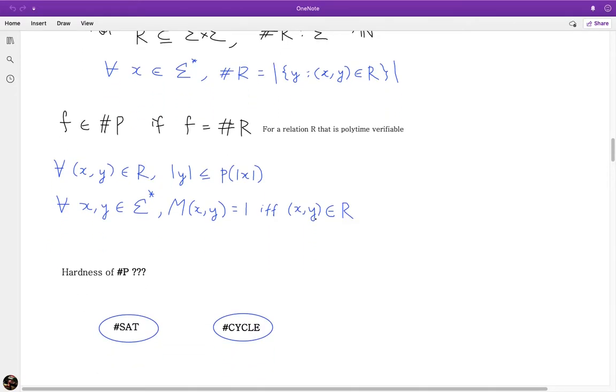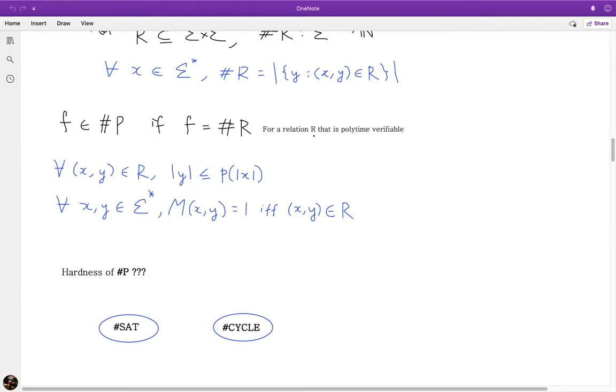So two conditions for this R: if a tuple xy, being input string and output string, belongs to R, then the size of y is less than or equal to some polynomial function of the size of x. As we have again stated before, it's the same point here: the length of y must be less than or equal to some polynomial of the length of x.